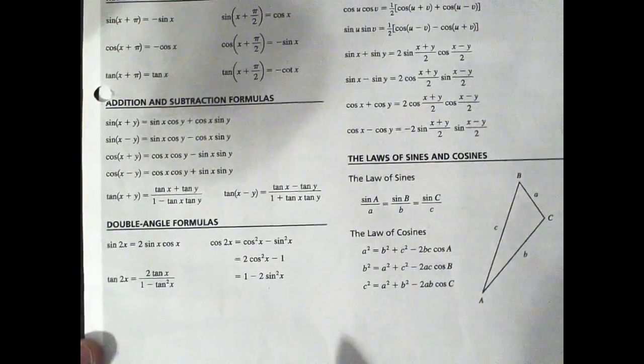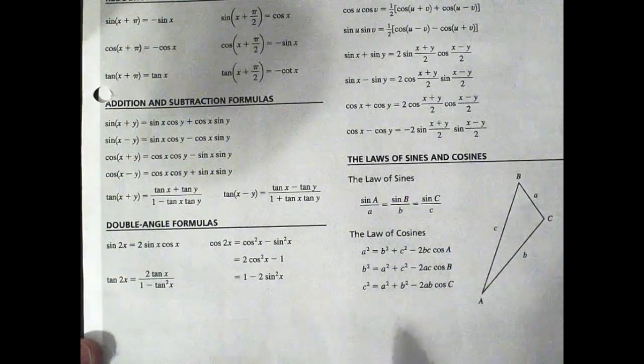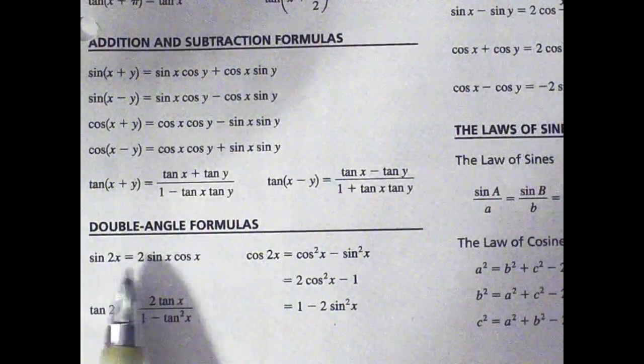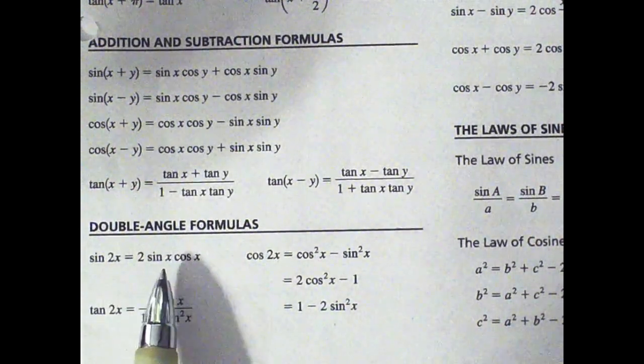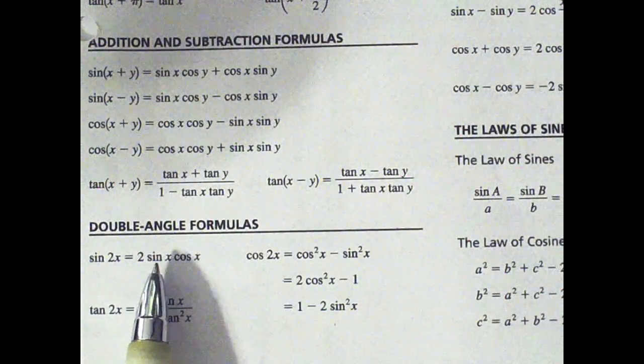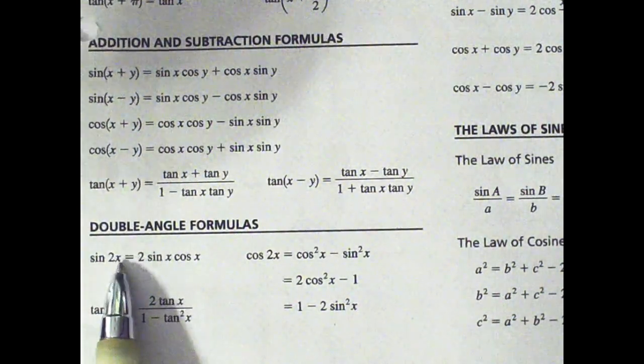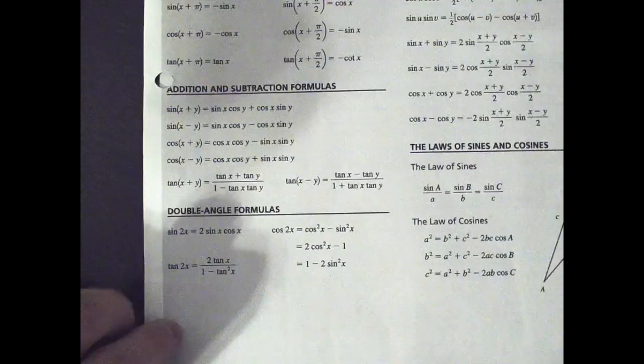Where on the sheet do we have something that looks like sine of an angle times cosine of an angle? It's this one here. The double angle formula for sine. This is perfect, isn't it? Sine of something, cosine of something equals sine of 2 times. Yeah, that's going to work out perfectly for us.